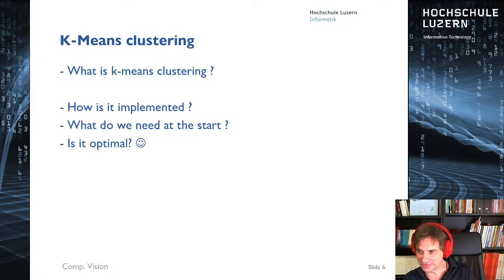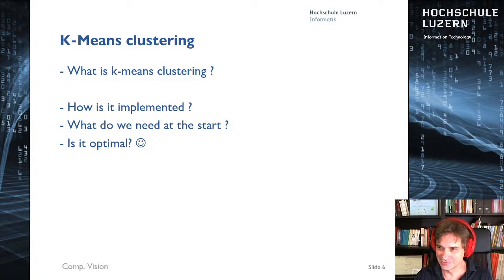Okay, somebody said iteratively, so it's an iterative solution. You will probably stop the iteration at some time. When you stop, is it optimal? Okay, so it depends on the starting point.